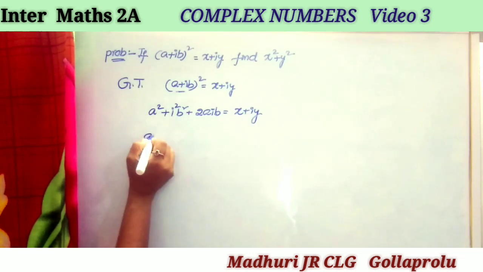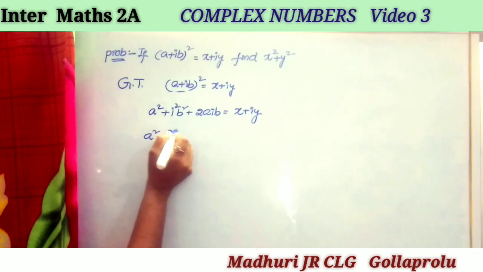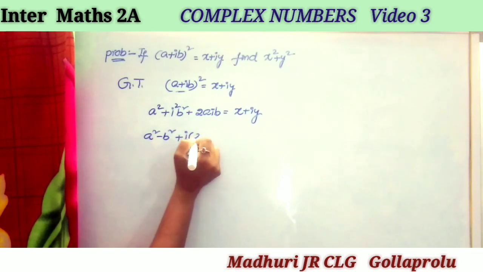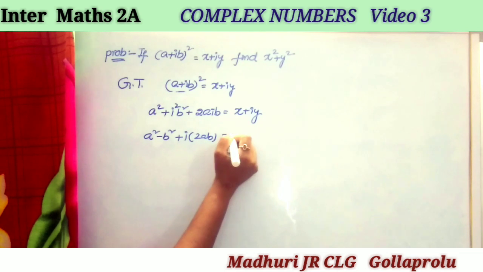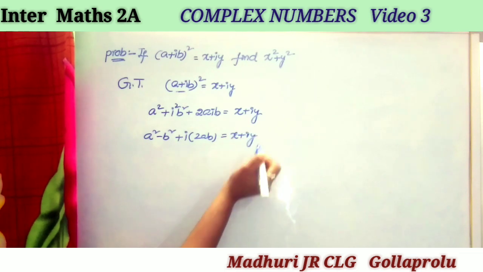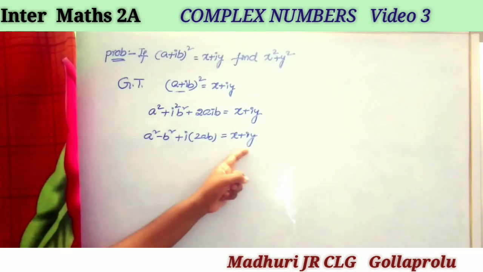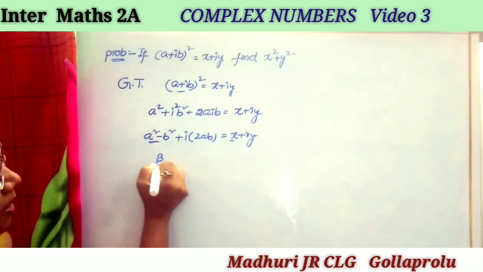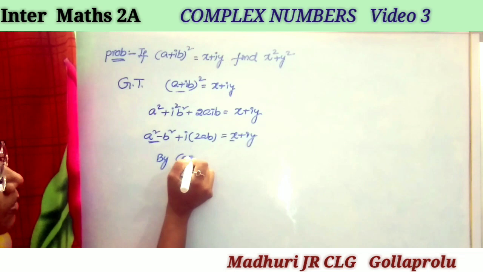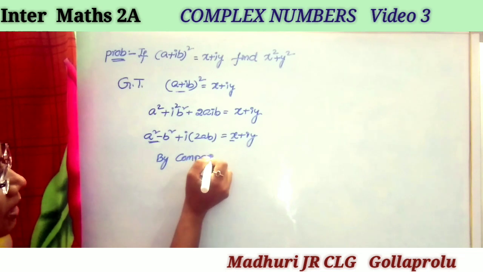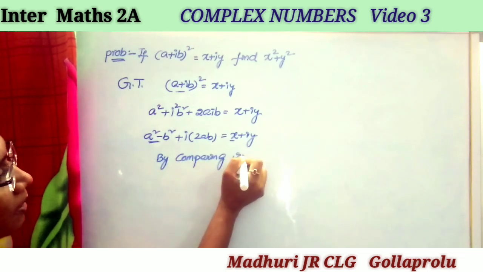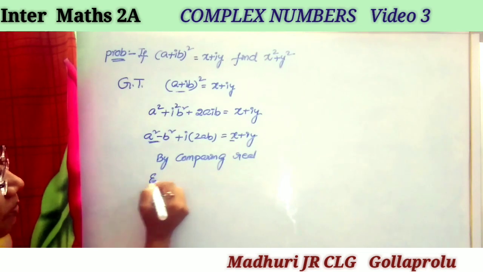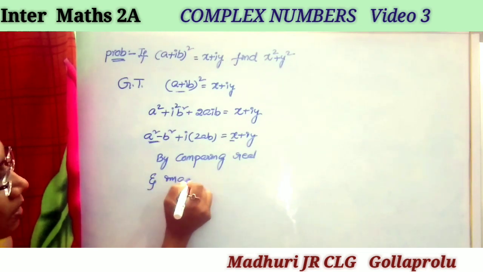Now this is a square, i square is equal to minus 1, plus i into 2ab, equal to x plus iy. Now we want the values of x and y, which we get just by comparison. By comparing the real and imaginary parts from the above equation, what are the real values?